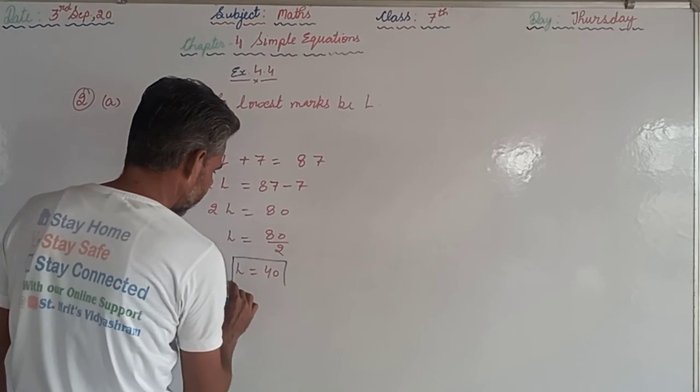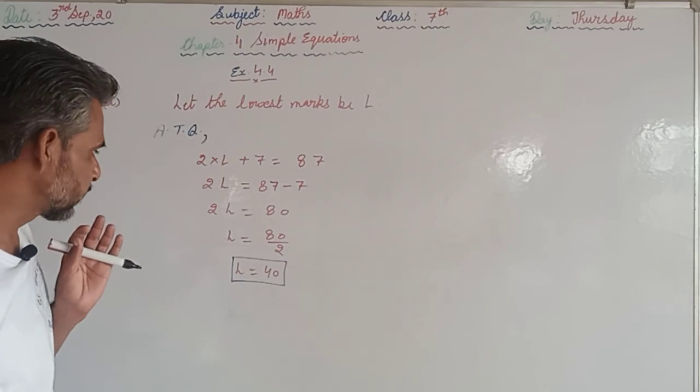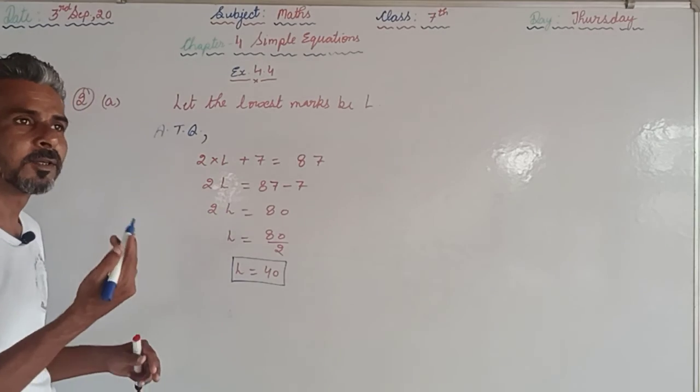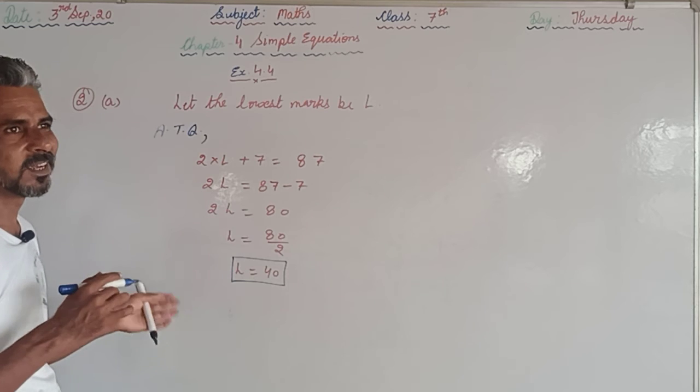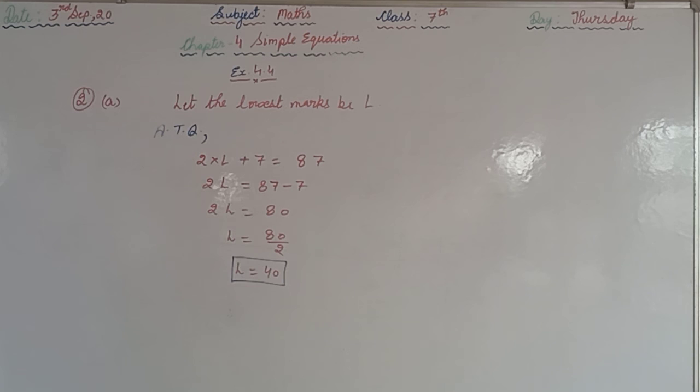So we got the lowest marks, we can calculate the highest marks as well. How? We can multiply the lowest marks by 2, 2 fours are 80, and we are supposed to add 7 in that. 80 plus 7, that is 87, and 87 is the highest marks as given in the question as well. So we can verify our answer whether our solution is correct or not.